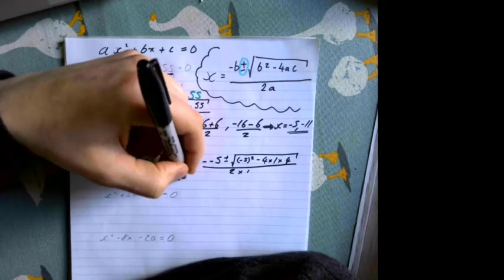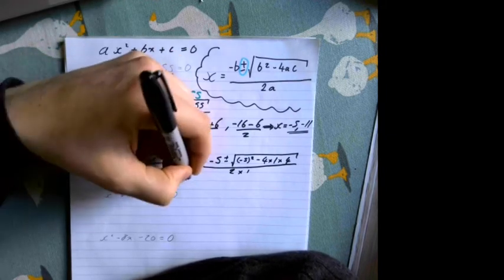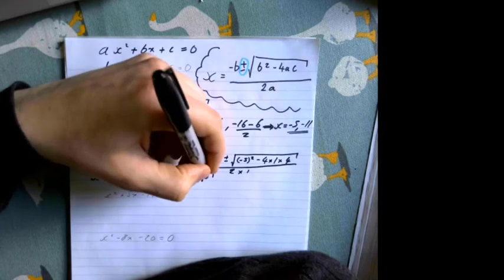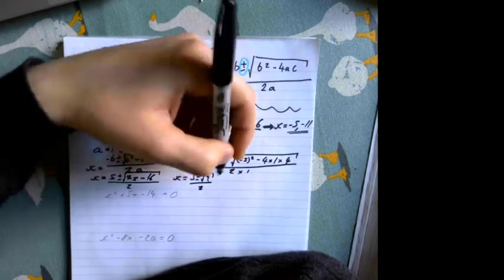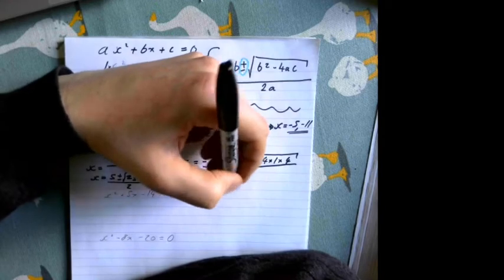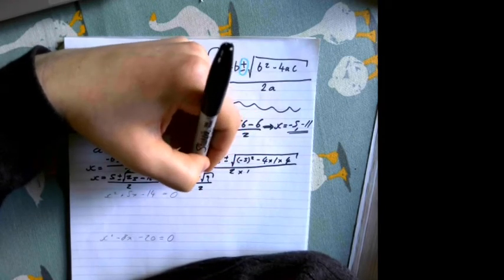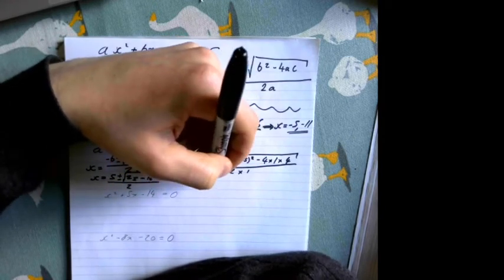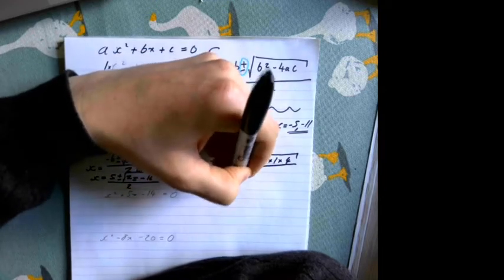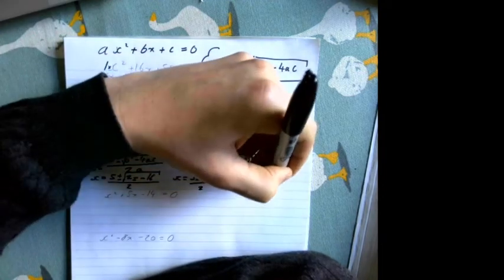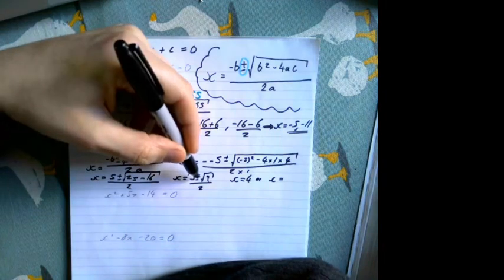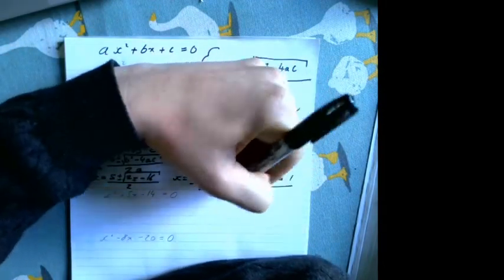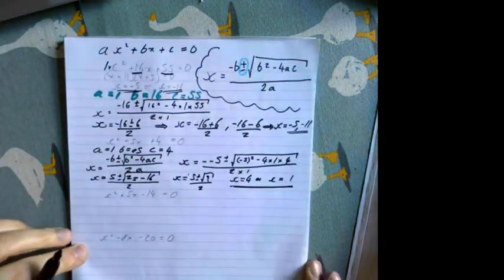So that means x is equal to 5 plus or minus the square root of 9 over 2, and the square root of 9 is 3, so this is going to become 5 plus 3, which is 8, divided by 2, so x is either equal to 4, or x is equal to 5 minus 3, which is 2, divided by 2 is 1. So I've got those two possible solutions there.